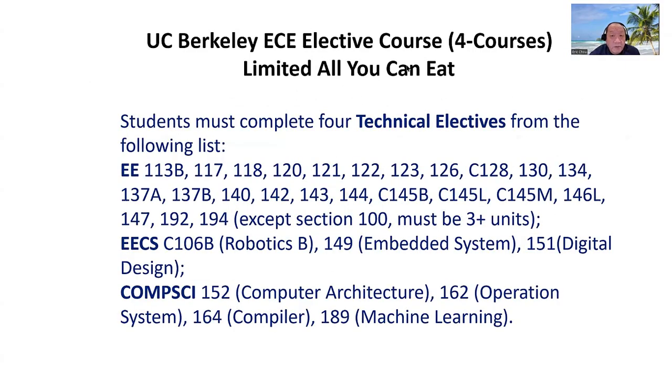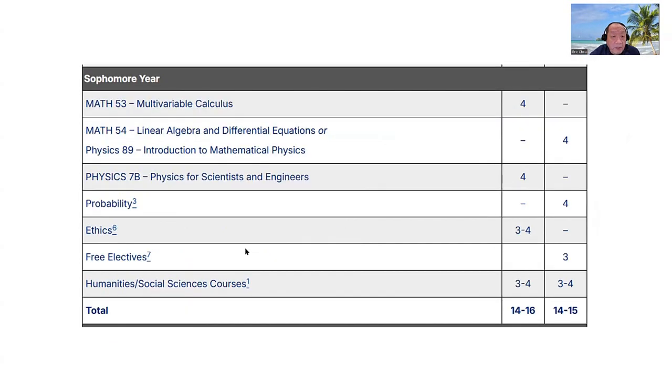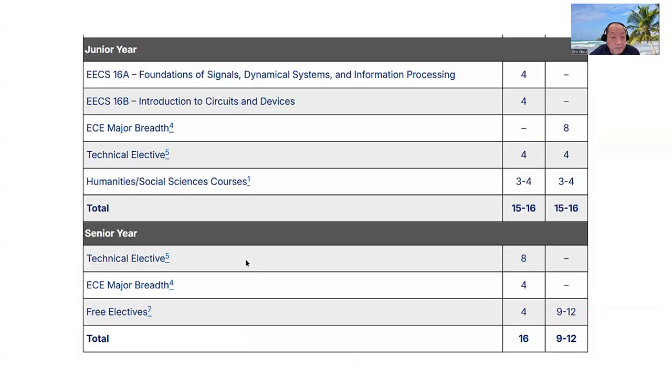And then 5 course limited all you can eat becomes 4 course limited all you can eat. But you still have some free elective if you have free time, you still can pick the extra one back.